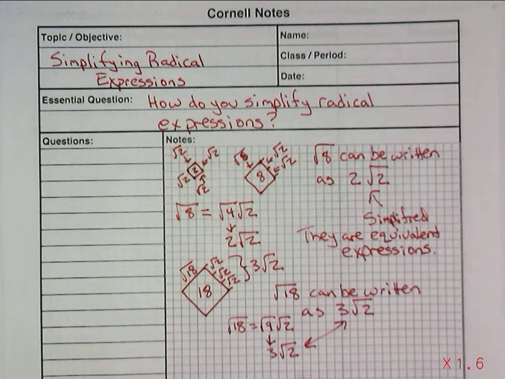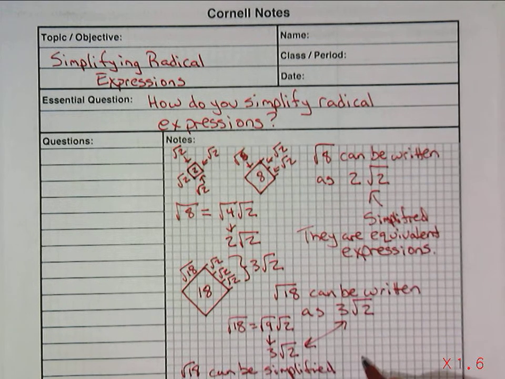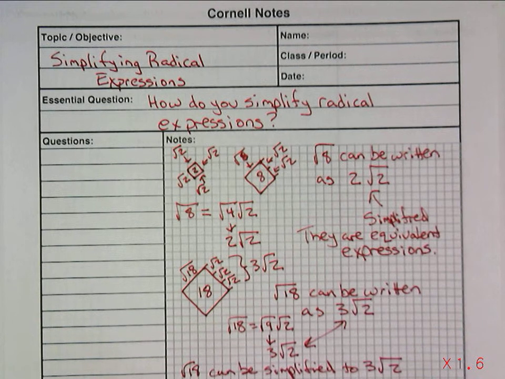So once again, we can say that the square root of 18 can be simplified to 3 square roots of 2. And again, they are equivalent expressions.